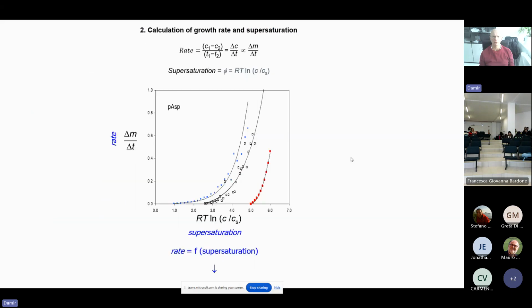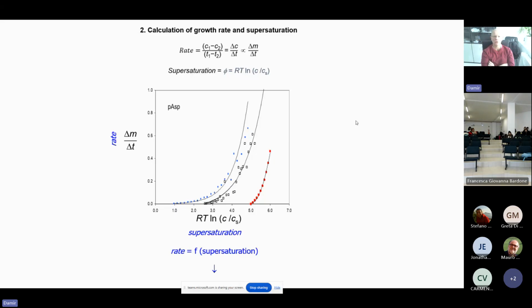After the progress curve, the next step is calculation of growth rate and supersaturation. Growth rate is defined as a difference between the concentration at a certain period of time, and this concentration is directly correlated with the change of the mass or any other volume of precipitate.